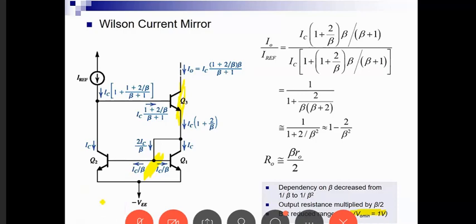Okay, so let us write it again. This requirement here, I have to have this 0.3 volts, and I want this to be 0.7 so that it can be a good VB. Okay, anybody has any questions about VO minimum for this circuit?